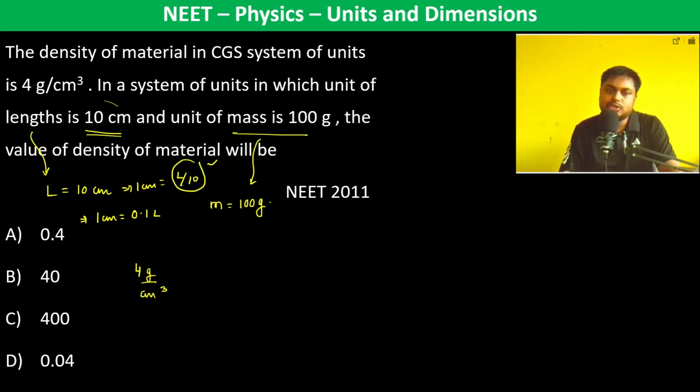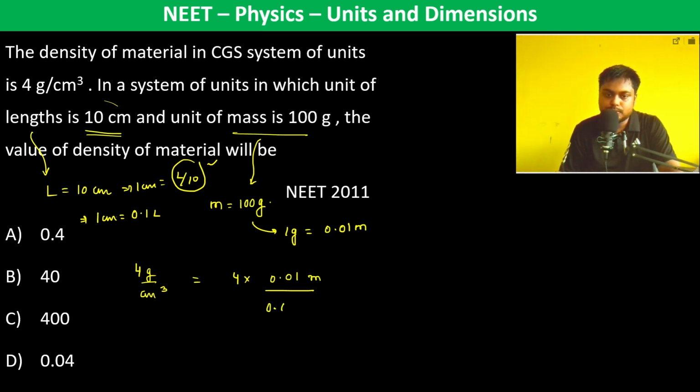So therefore 0.1 L, and here we can write 1 gram is equal to 0.01 M, and then we replace it. So 4 into gram is 0.01 M divided by centimeter, this becomes 0.1 cube L cube.